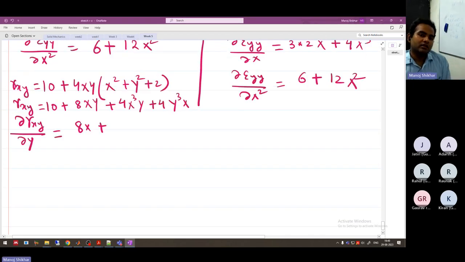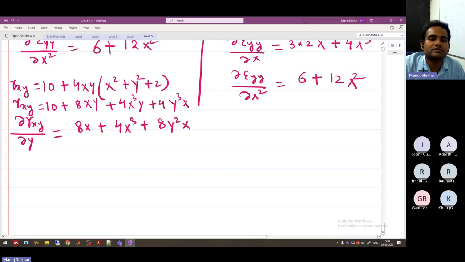If I differentiate gamma xy with respect to y, I will get 4x cube plus 8y square x.